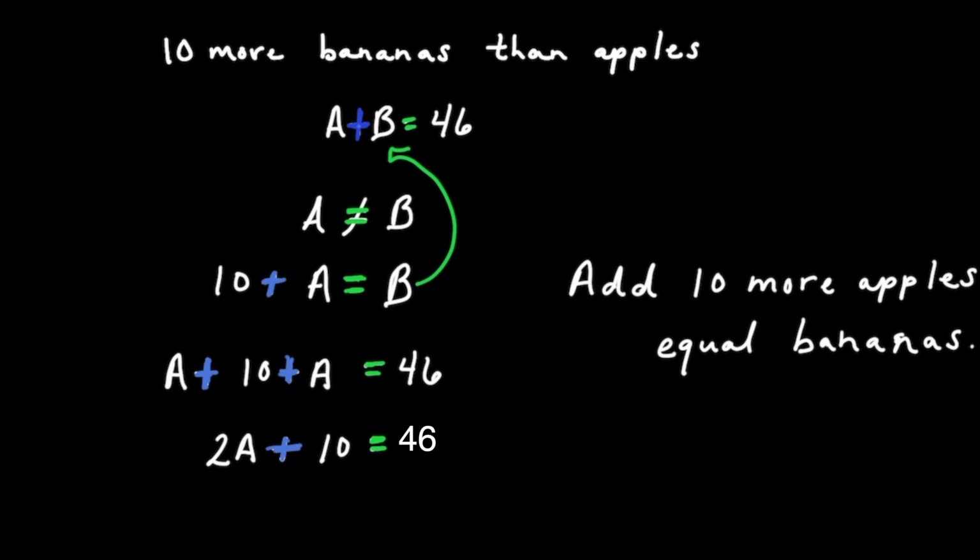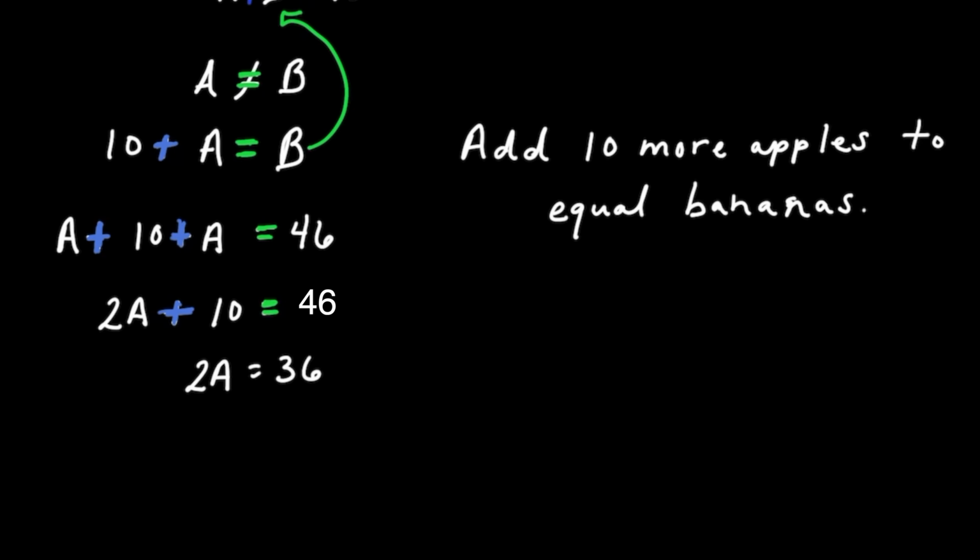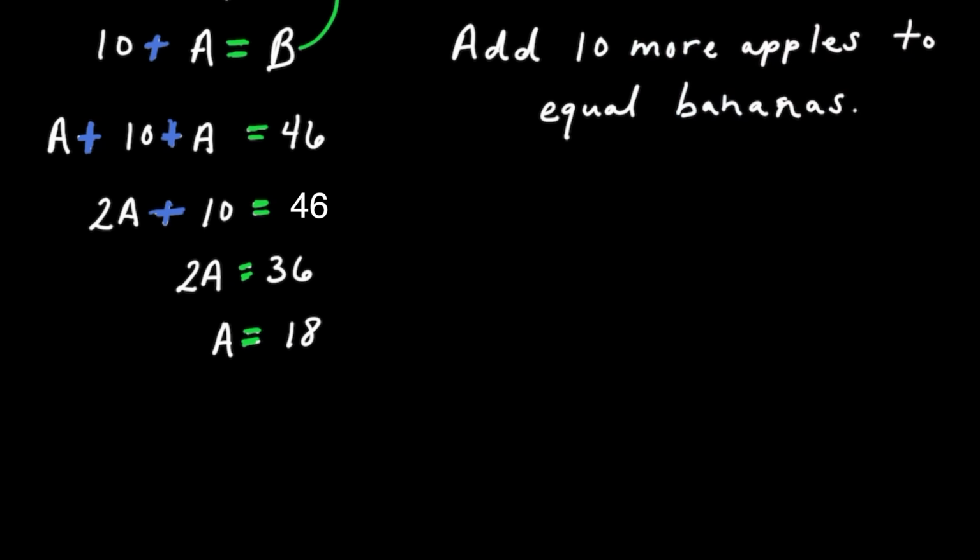Then we subtract 10 from both sides, and we have 2A equals 36. And then we divide both sides of the equation by 2, and we have A equals 18.